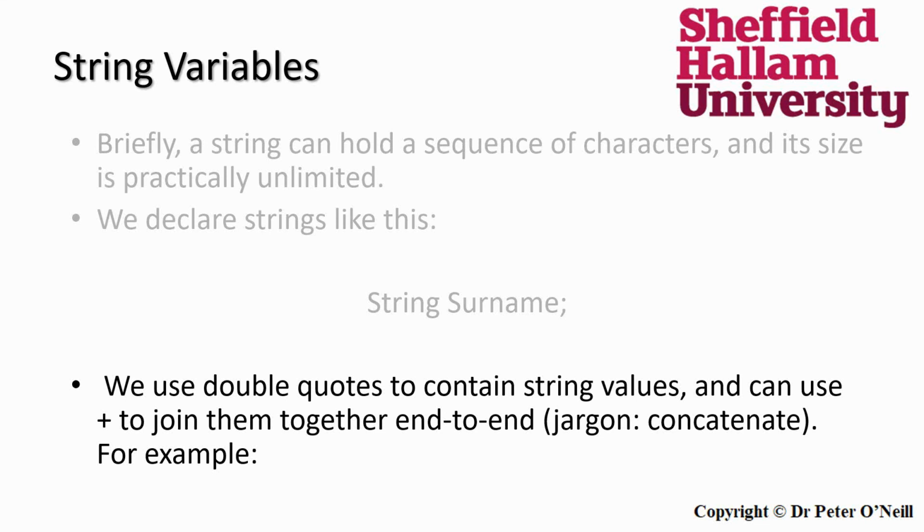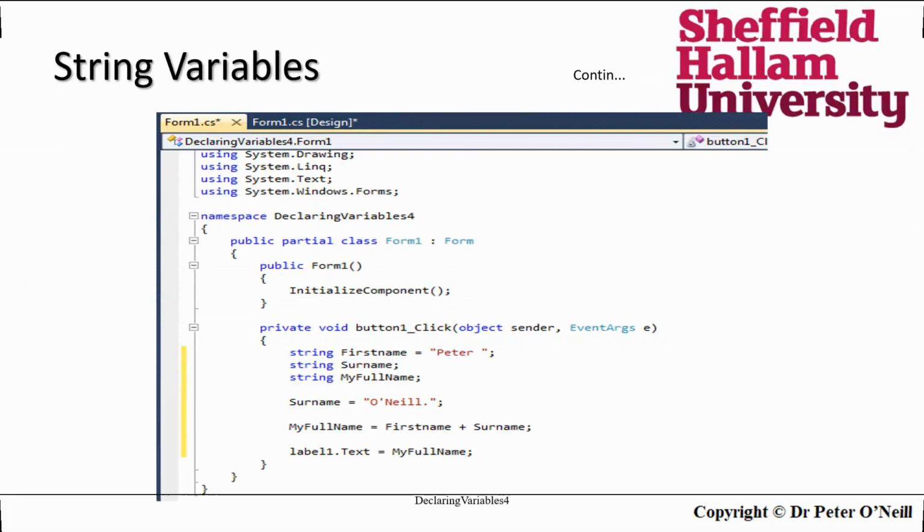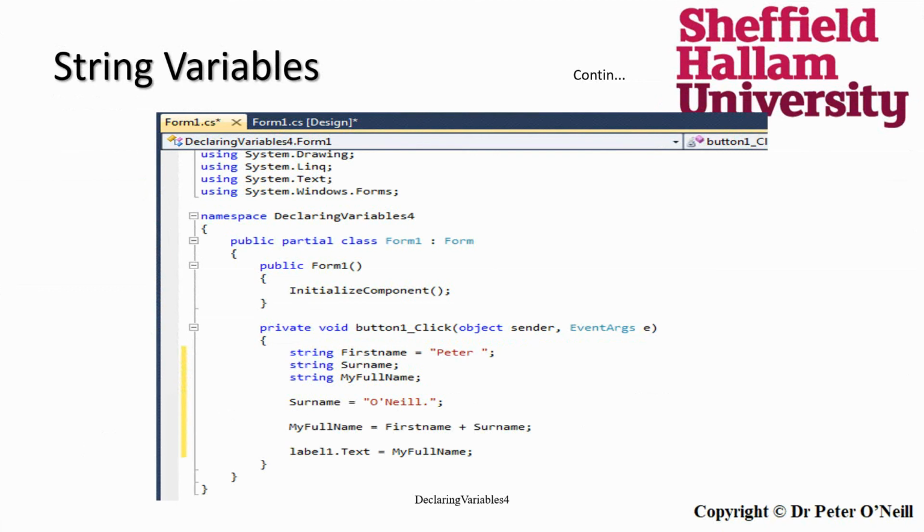For example, here we are declaring string first name, and we are automatically assigning it the value Peter. Please note, strategically, I've left a space at the end of Peter. We then also declare surname and full name, both of type string.